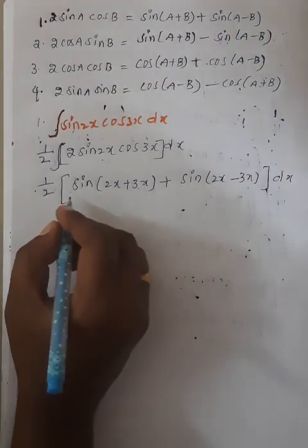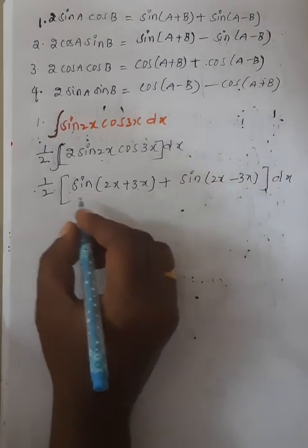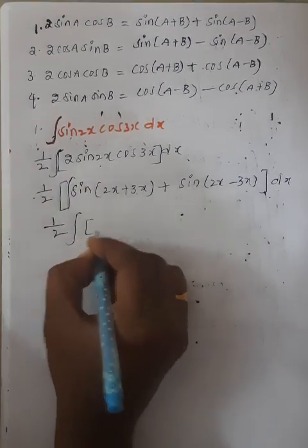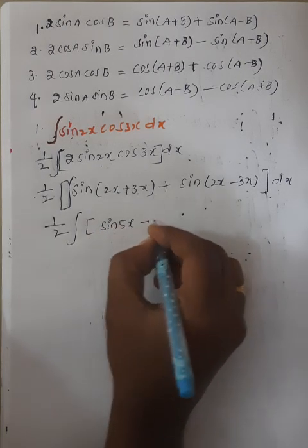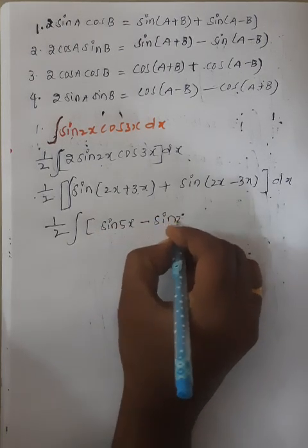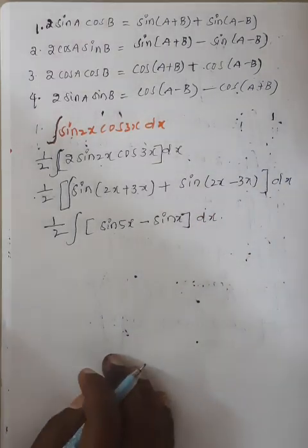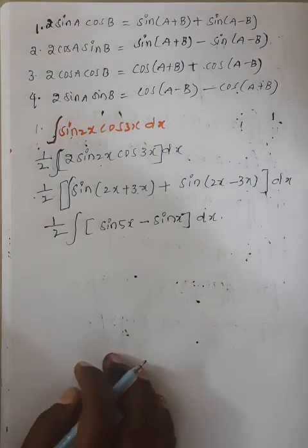So here 2x plus 3x will become 5x. 2x minus 3x will become minus x. So we should write 1 by 2 integration of sine 5x minus sine x into dx, because 2x minus 3x is minus x. So sine of minus x is minus sine x.